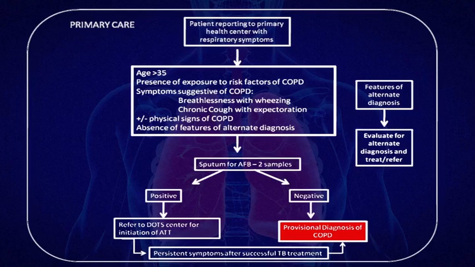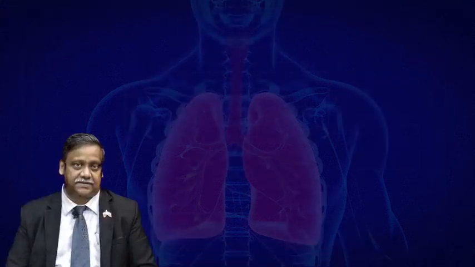If the sputum for AFB is positive, then you treat this patient for underlying pulmonary tuberculosis. So I think these are very simple algorithms that have been developed to help you in not making a wrong diagnosis in some of your patients.